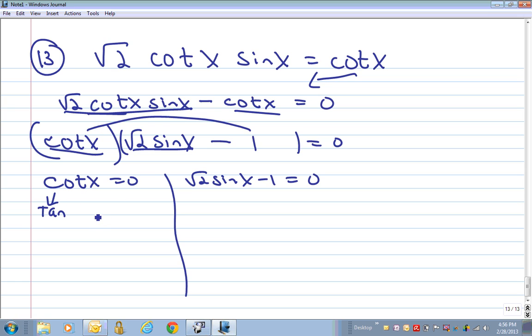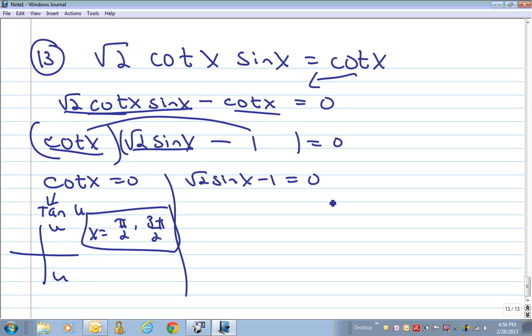If cotan is 0, it would be where tan is undefined. You have to remember on our big four corners that tan is undefined at the top and the bottom, at pi over 2 and at 3 pi over 2. So therefore cotan would also be 0 at those two places. So our x values would be pi over 2 and 3 pi over 2.